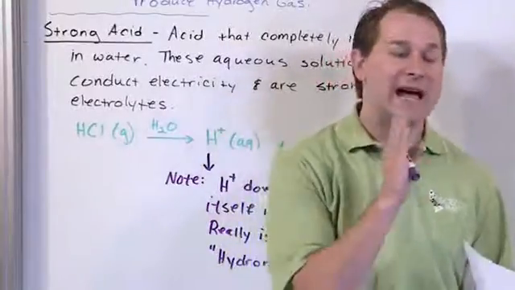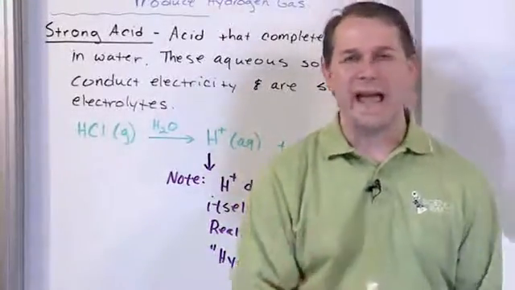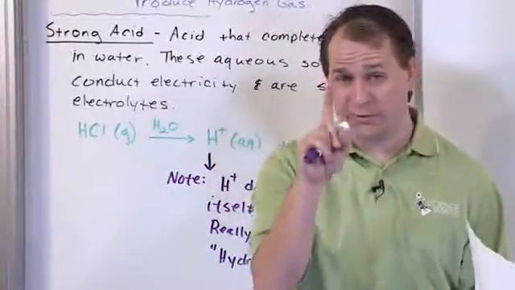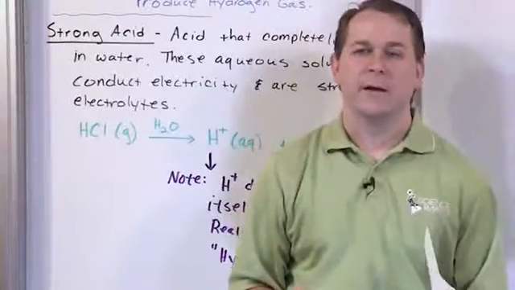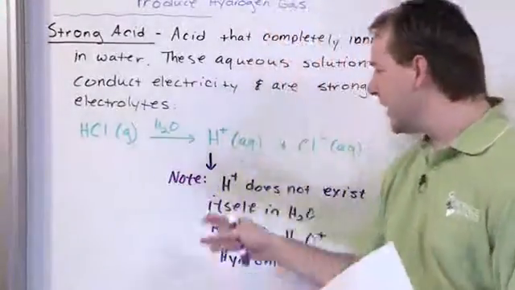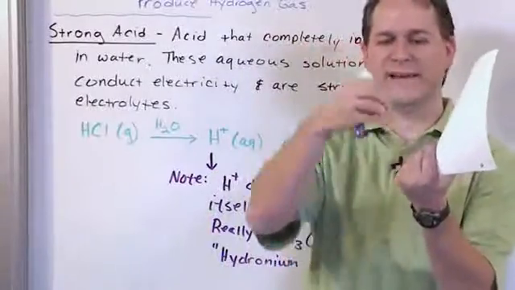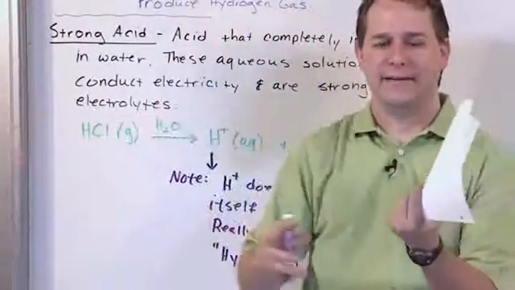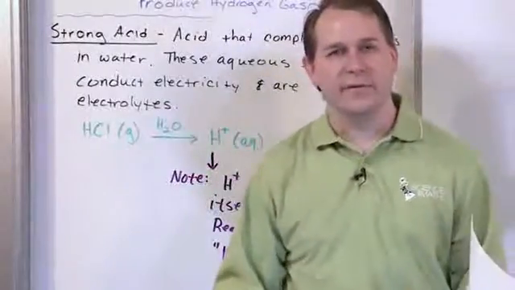Hydrogen is the first element on the periodic table. That means it only has one proton in the nucleus and one electron circling around. So if you create a hydrogen ion like this, then really all you have is the proton. You take the one electron away, and so all you have is a proton left.